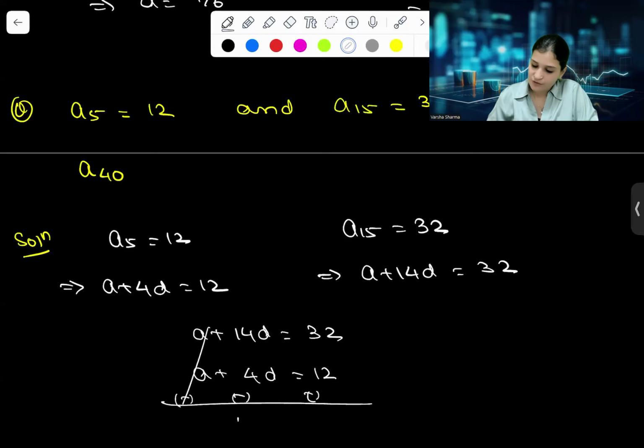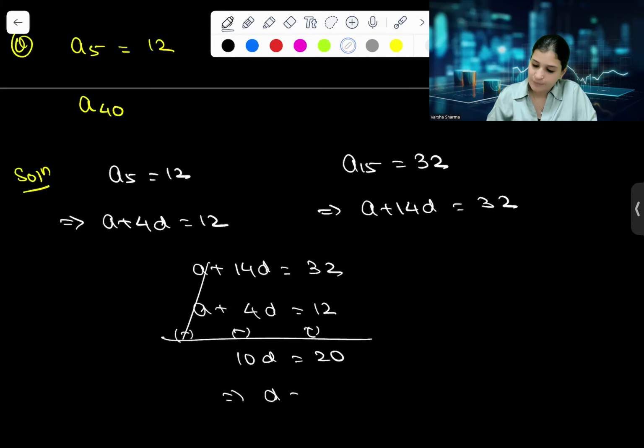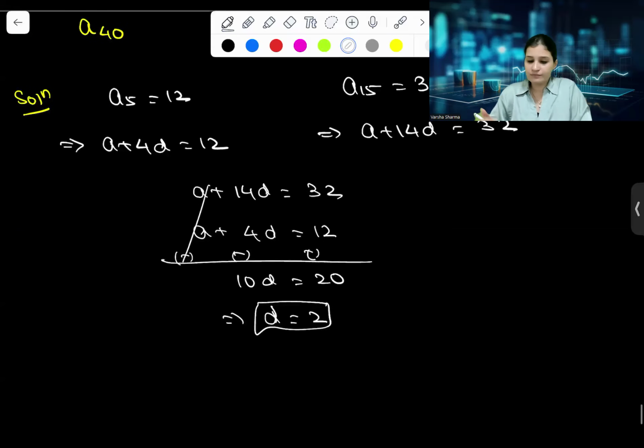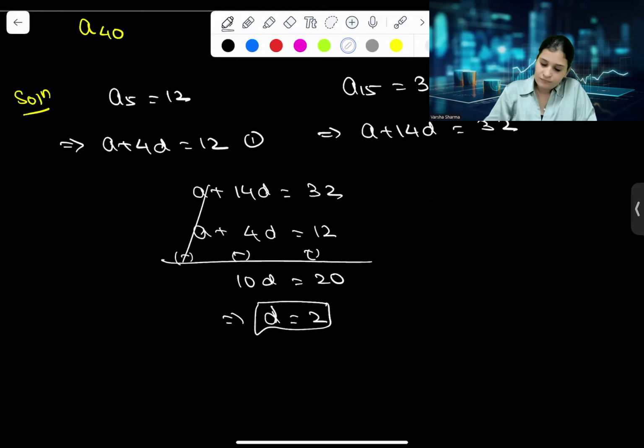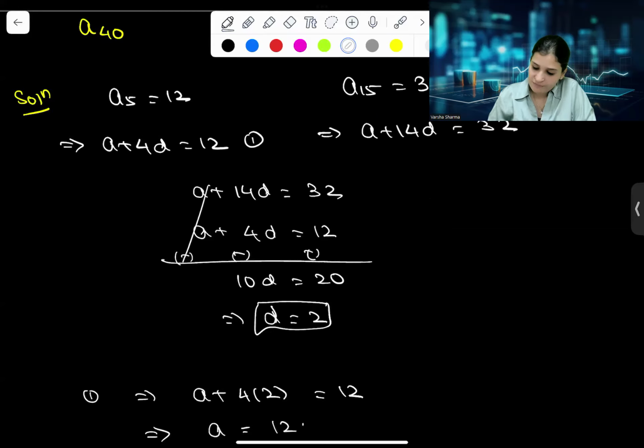Or using elimination, 10D is 20, so D will be 2. So we got D. Now in order to find A, we can use any one of the equations. One implies A plus 4D is 12, so A is 12 minus 8, that is 4.